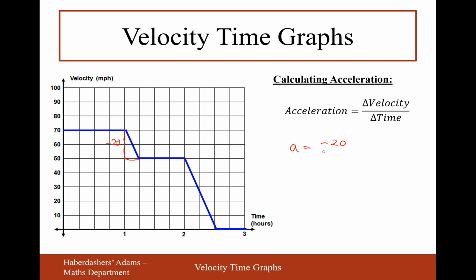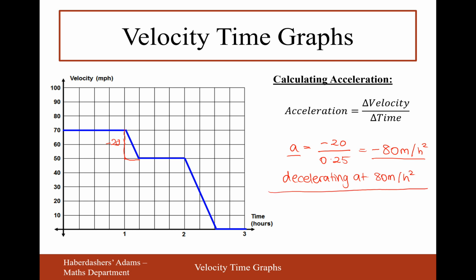Now we don't use 15 minutes, we use a quarter of an hour. So divided by 0.25, that's going to be minus 80 miles per hour squared. That's a different way of writing miles per hour per hour, but it's the hour bit that's being squared. So this is decelerating at 80 miles per hour squared, or the acceleration can be referred to as minus 80.